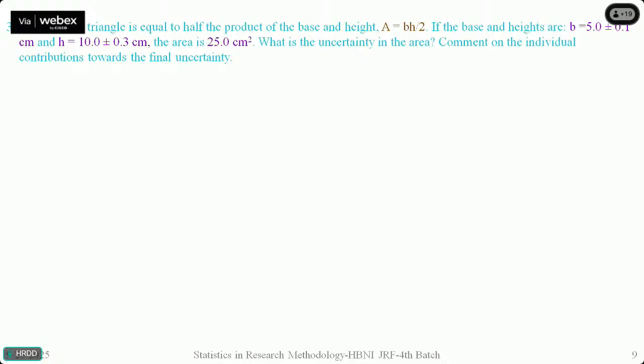Comment on the individual contributions towards the final uncertainty. Among these two, base and height, which one has got a larger contribution to the uncertainty? We calculate via the relative uncertainty, no? So which one has got a larger relative uncertainty? Maybe you can tell in terms of the fraction or the percentage. All of you can try.